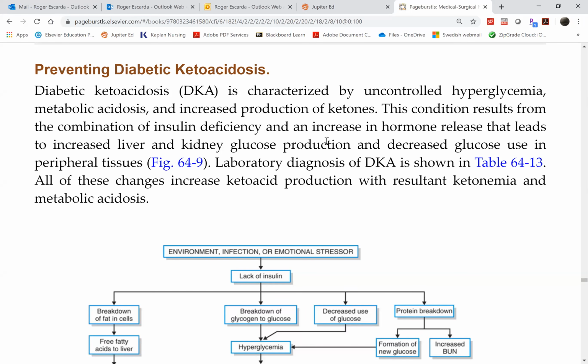Now we're seeing type 2 diabetics experiencing DKA. Now that doesn't mean they have now become type 1. That is not the case. It just means that the type 2 diabetics now are getting worse. So therefore, there are instances wherein they can develop either DKA or HHS.